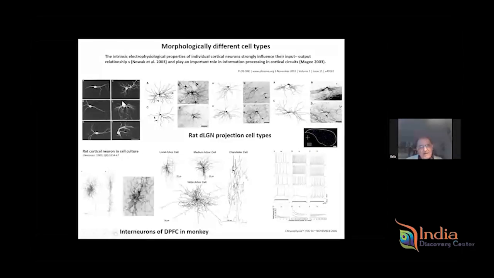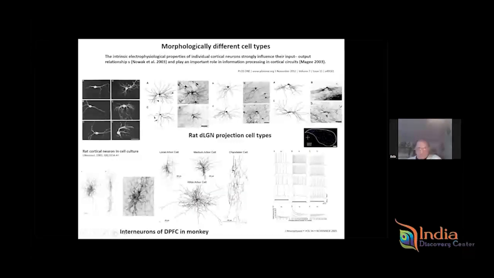It means that they really inherited messages to develop the different dendrites and axons. And here also the red lateral geniculate nucleus is described, and they found morphologically very different projection neurons.